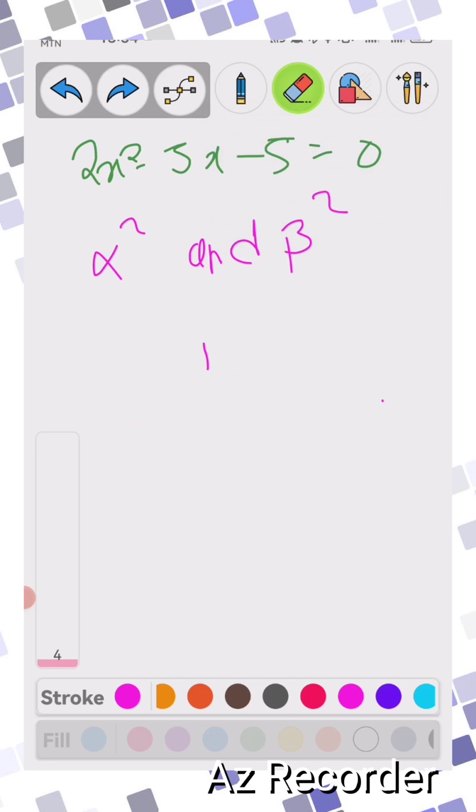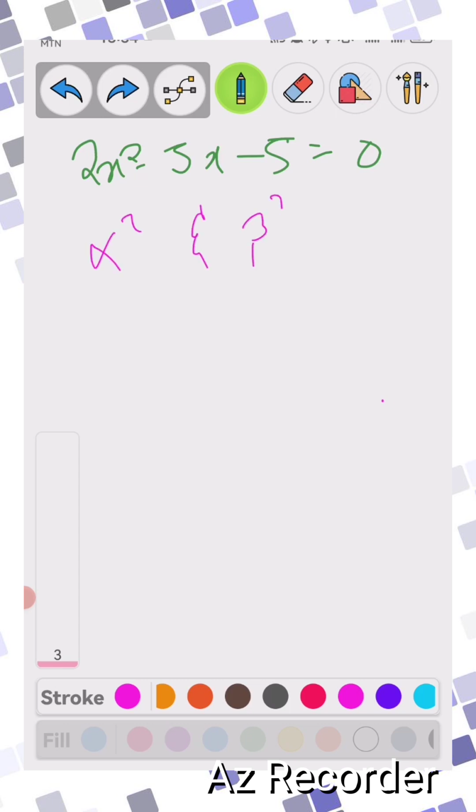So let us get rid of that and dive into the solution. We are told to find a quadratic expression whose roots are alpha squared and beta squared. So let me start by finding the sum of the roots. But before finding that, I need to find the sum and product of the original roots, alpha plus beta and alpha beta.